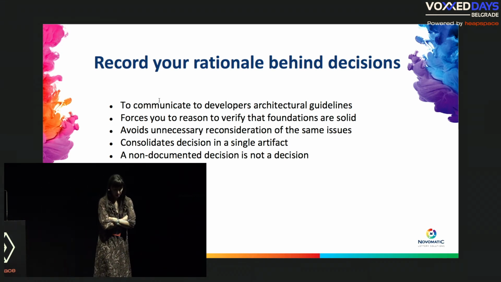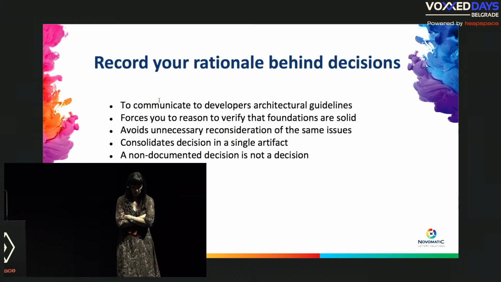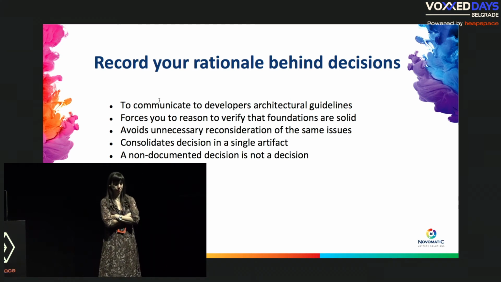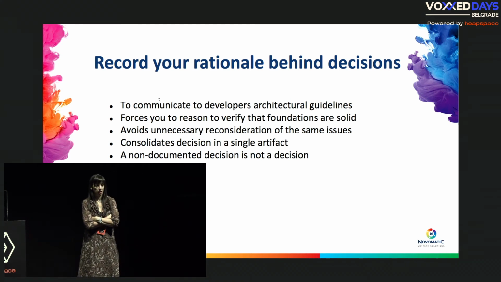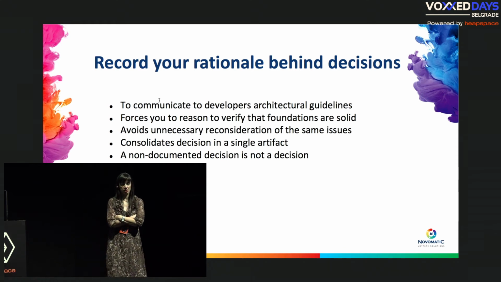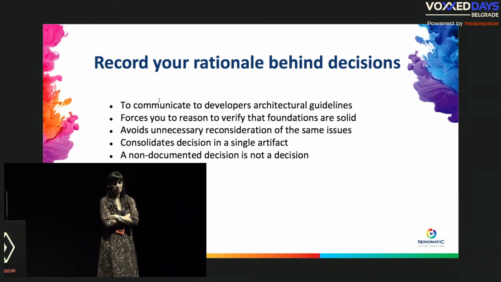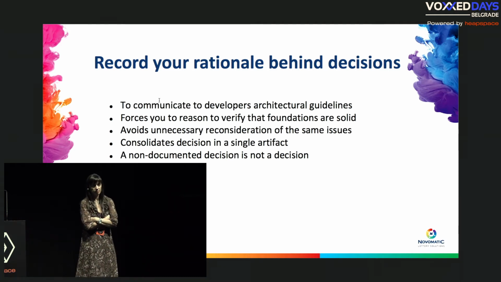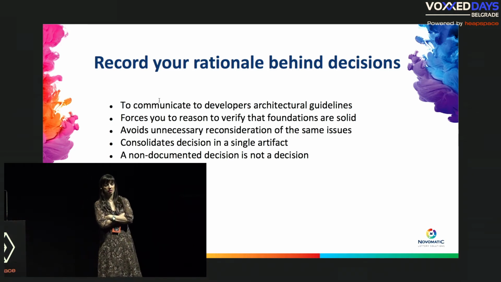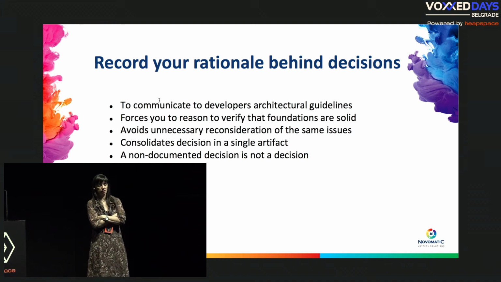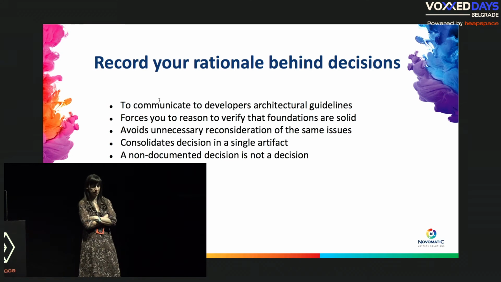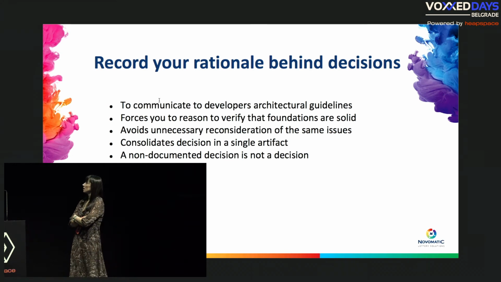When you are making architectural decisions, make sure that they are written, because a non-recorded decision is not a decision. It doesn't have to be anything fancy. It just needs to be a single artifact that documents the decision or decisions that have been made. Why?